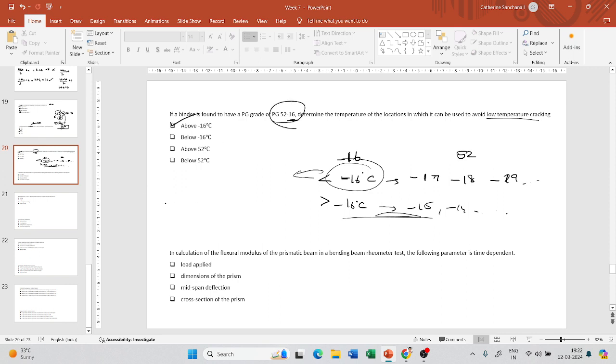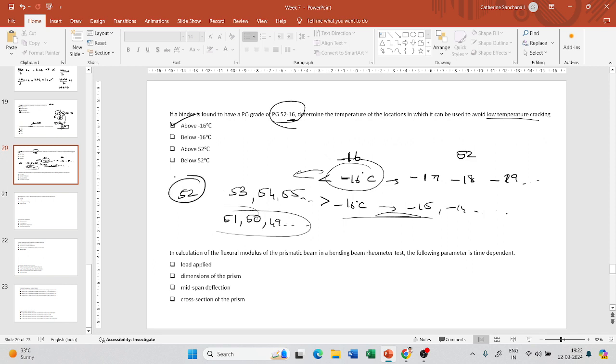Okay, so this is 52 degrees Celsius. If it is above 52 degrees Celsius, it is 53, 54, 55 and so on. And if it is below 52 degrees Celsius, it is 51, 50, 49 and so on. Now, if you go below 52 degrees Celsius, your pavement will be sufficiently stiff, right?